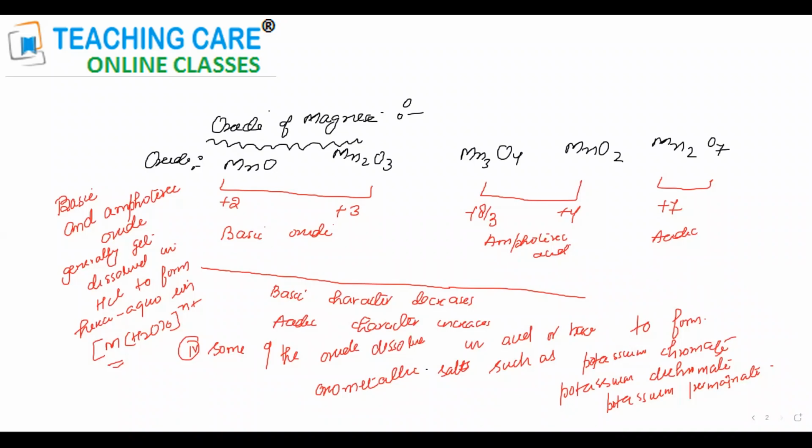Okay, so this is the importance of these properties. We have already discussed these properties. Okay, Nicholas, then we will start with the lanthanide series.